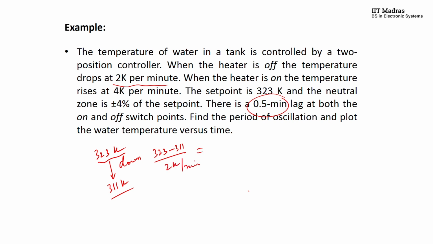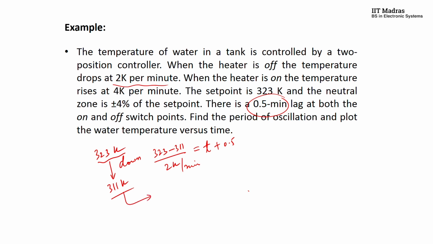Whatever time you get here, you need to add 0.5 minutes to it, because after that you are going to revert back to the control action. But then you need to add the practical condition here.